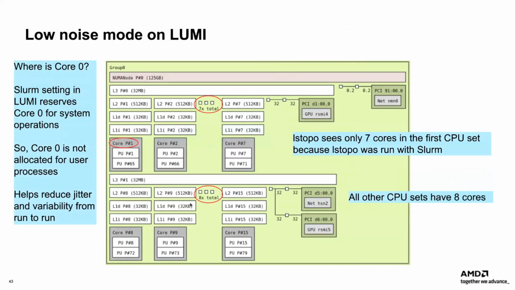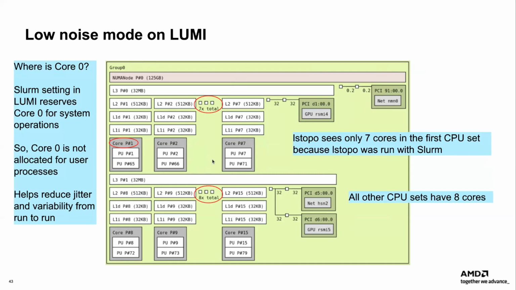Let's look at this low noise mode. When I zoom in to NUMA domain 0, I find that the first set only has 7 physical cores. Core 0 is gone. This is what lstopo sees, and we ran lstopo via Slurm, so it is a Slurm setting that is preventing core 0.